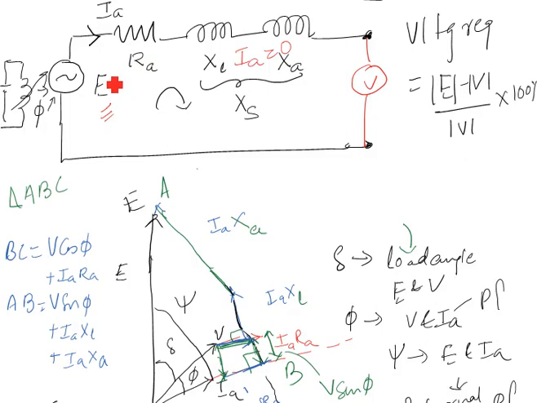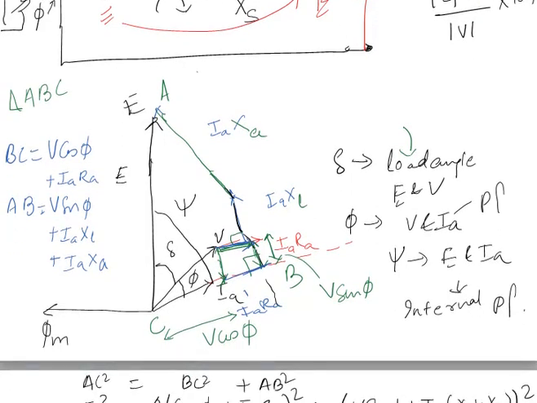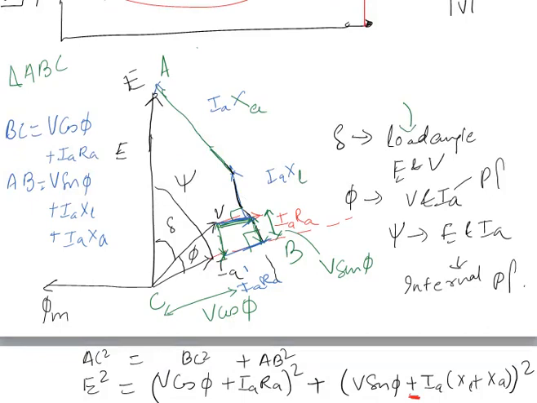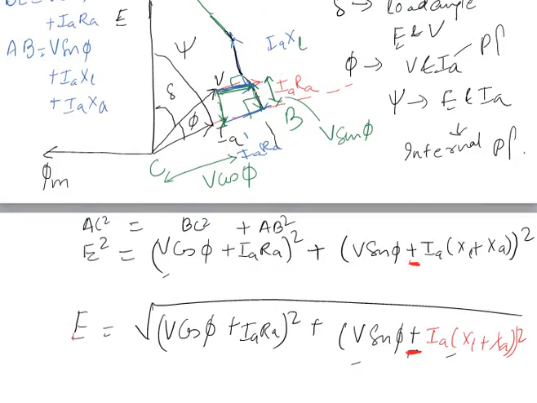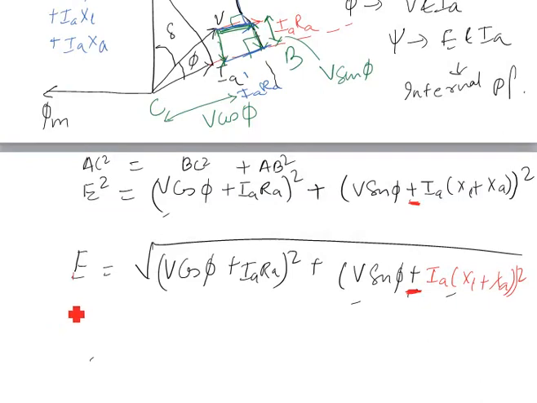That means the voltmeter will directly measure E. That voltage and your normal operating voltage, subtract them, and from this formula you get the regulation. Our main purpose to find E is to find the voltage regulation. If you can find E, then you will be able to find everything.